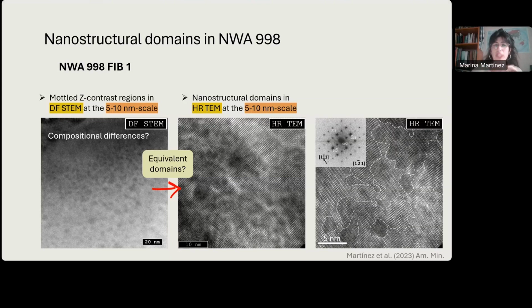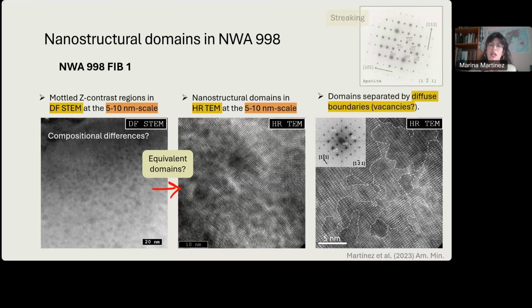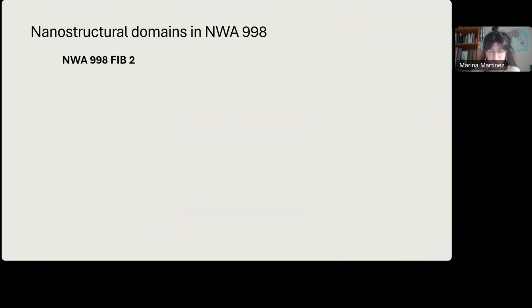Okay, so it's very difficult to outline the different domains because the interfaces are blurry and coherent, so there's continuity in the lattice planes, but we can see that there are some differences in contrast. And also we saw that the diffraction patterns show streaking in these apatites that show the domains.